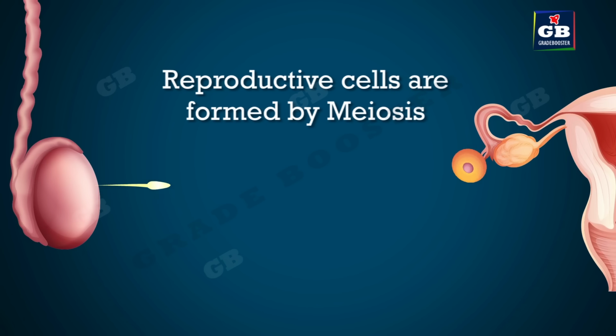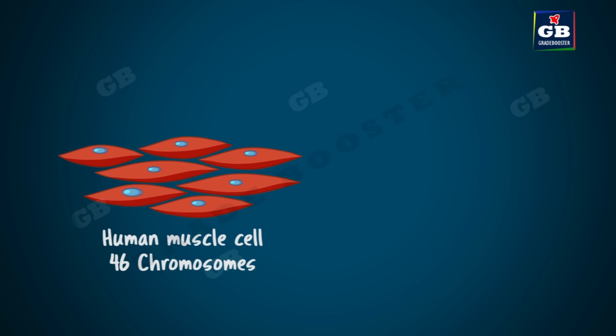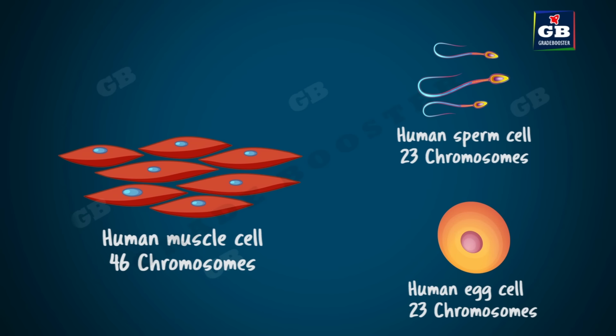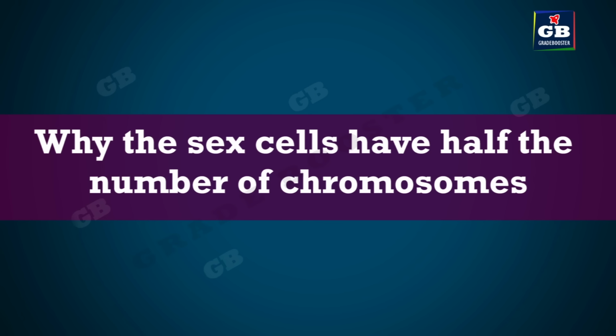The sperm cells formed in the testis of males and egg cells formed in the ovary of females are formed by meiotic divisions. So, the gametes or sex cells have half the number of chromosomes compared to the other cells of our body. Why do the sex cells have half the number of chromosomes?